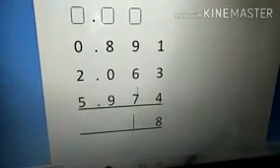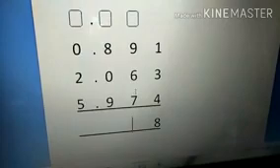Then 15 in the mind, take 7 fingers. So after 15: 16, 17, 18, 19, 20, 21, 22. So what comes now? We get 22.